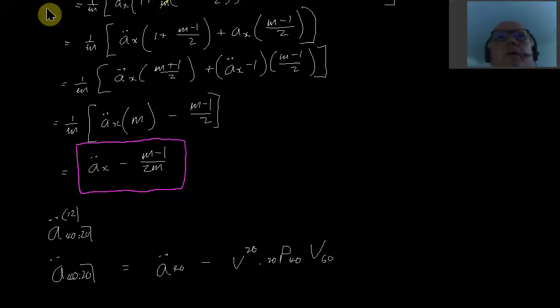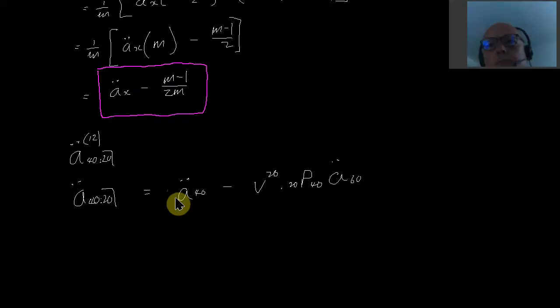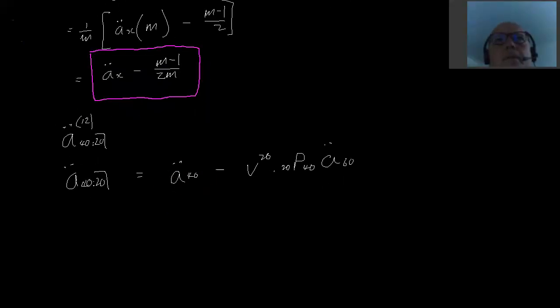And then we want a double dot 12thly 40 20. We've just got to replace each a double dot whole of life with this adjustment.